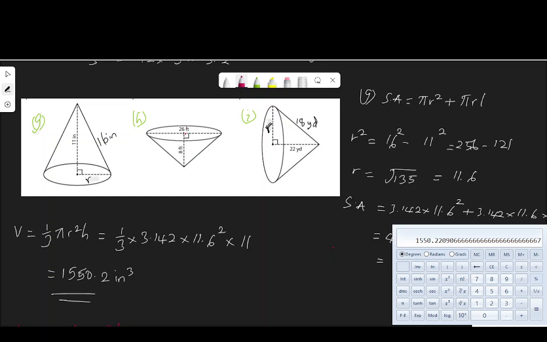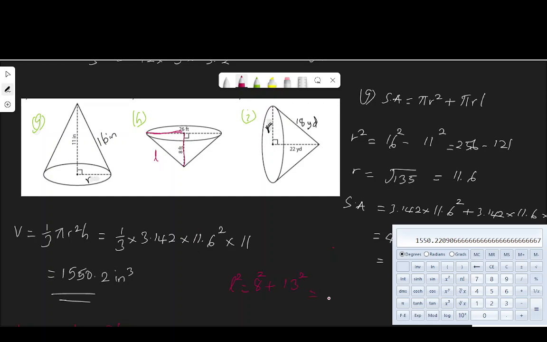I'm going to draw the height here, and let's call the slant height L. Using Pythagoras, L squared is equal to 8 squared plus 13 squared, where 13 is half of the diameter.